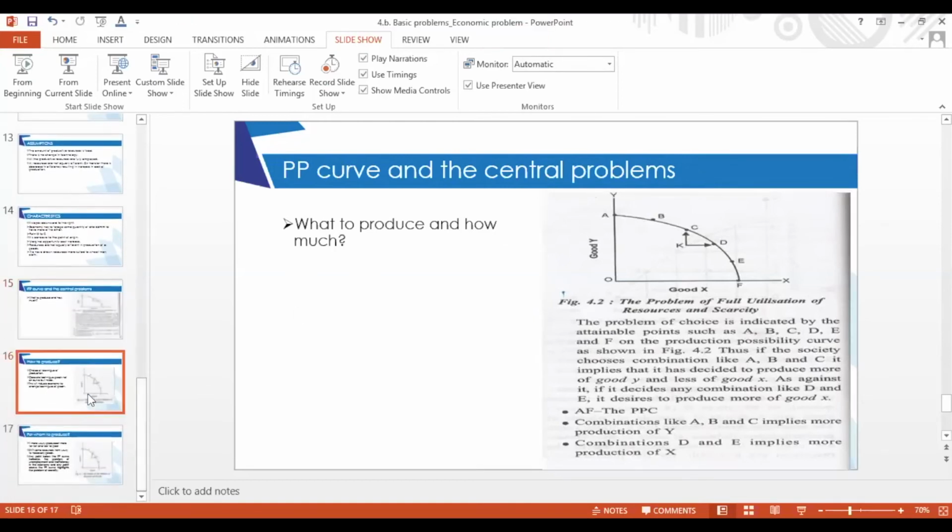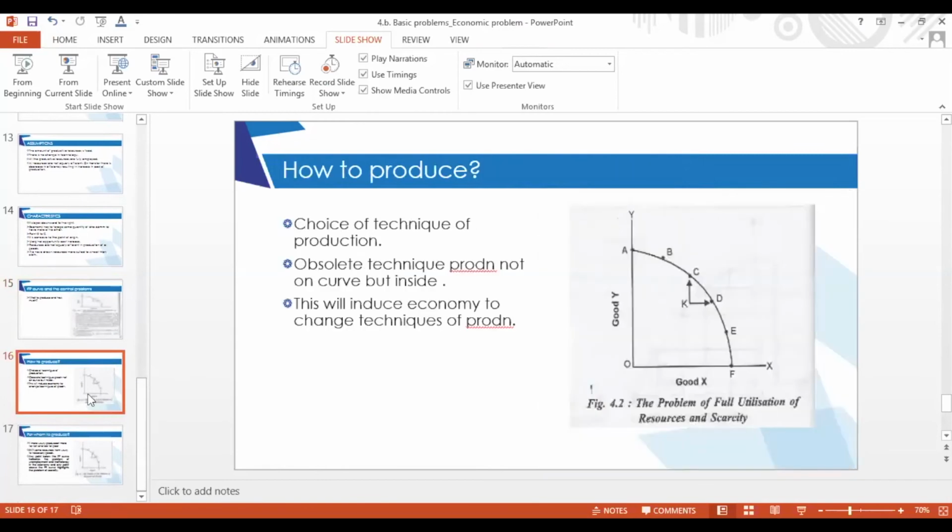Okay. Second question, what is the second question? How to produce. How to produce is also answered by this production possibility curve. How? The same thing. If you are producing inside the curve, that is at K point, you are not using the entire resources, whatever resources are given to you, at their maximum efficiency.